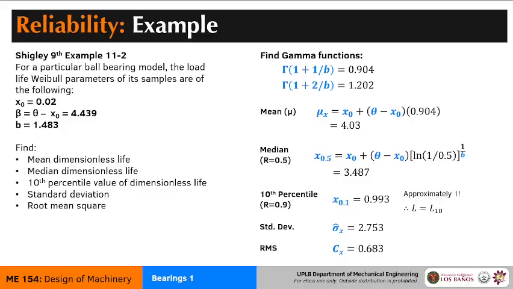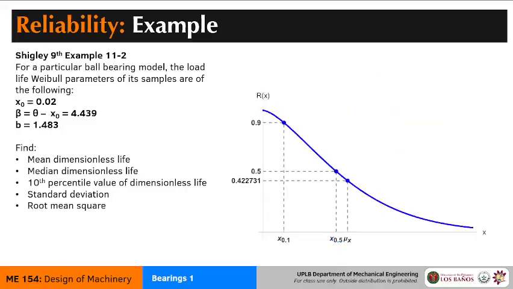Now, if you want to look at the Weibull distribution itself of the problem, here it is. So here we have our median. This is 0.5. Half of the failures are here, half of the successes are here on this other side. Now for the mean, there's a lot less success here to the right of the median.